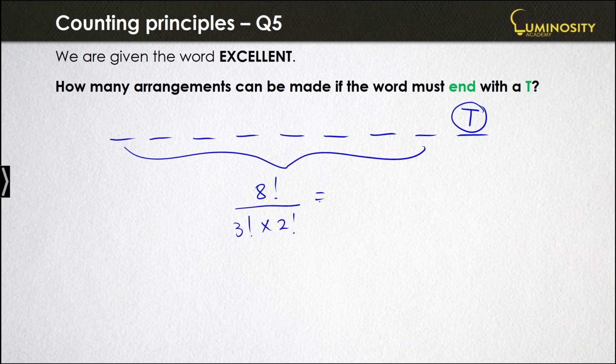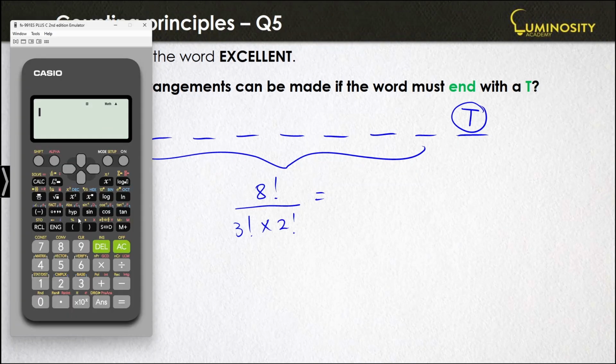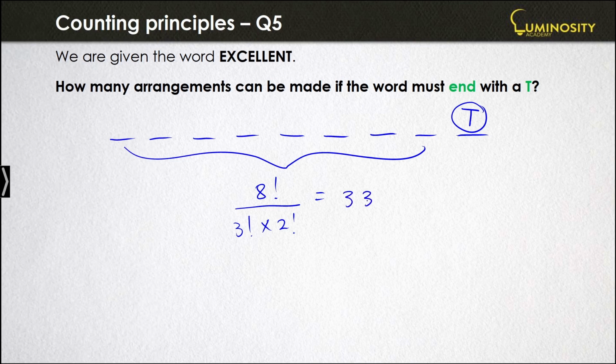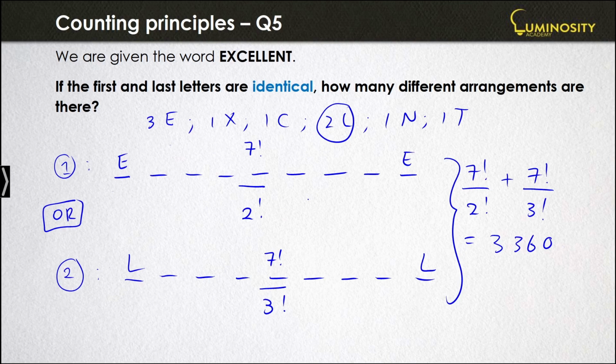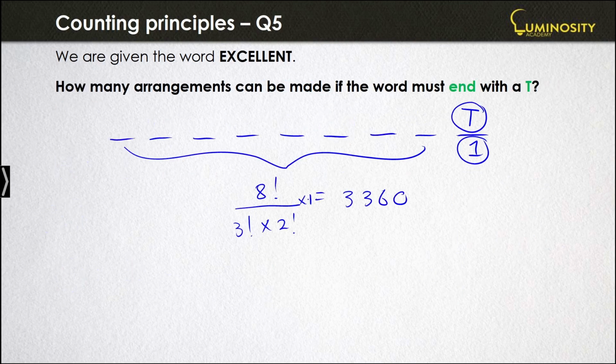So our answer now by the fundamental counting principle is 8 factorial, the 8 letters remaining, divided by 3 factorial times 2 factorial. That's equal to 3,360. Remember this one way here is just counted as one option, so we could say that times 1, but that still gives you the same answer. Interesting that these last 2 worked out to be the same number.